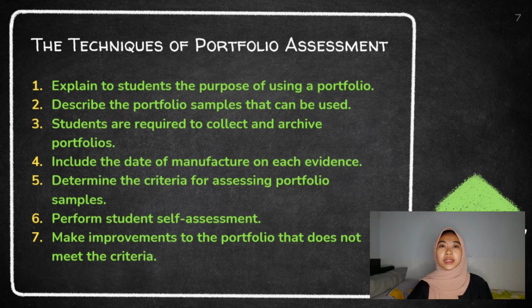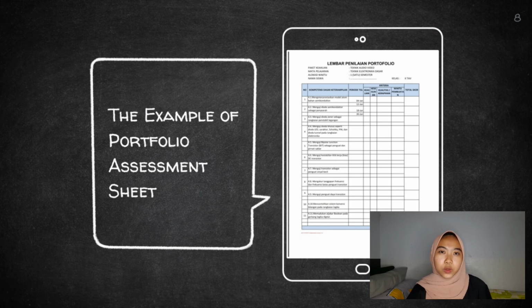Fourth, include the data of the manufacturer on each evidence. Fifth, determine the criteria for assessing portfolio samples. Sixth, perform student self-assessment. Seventh, make improvements to the portfolio that doesn't meet the criteria, etc.